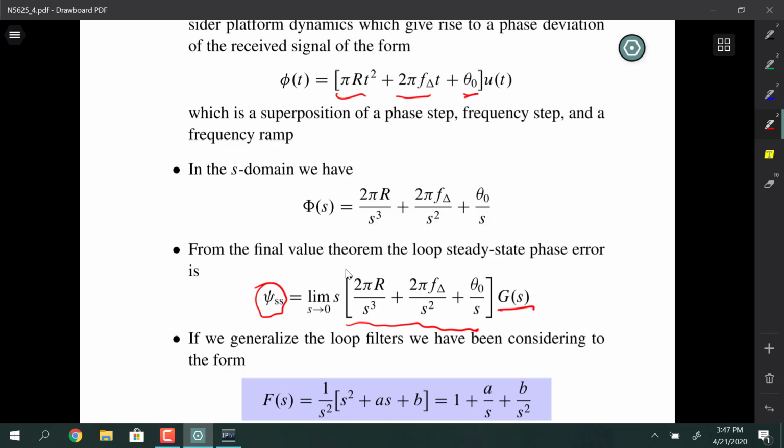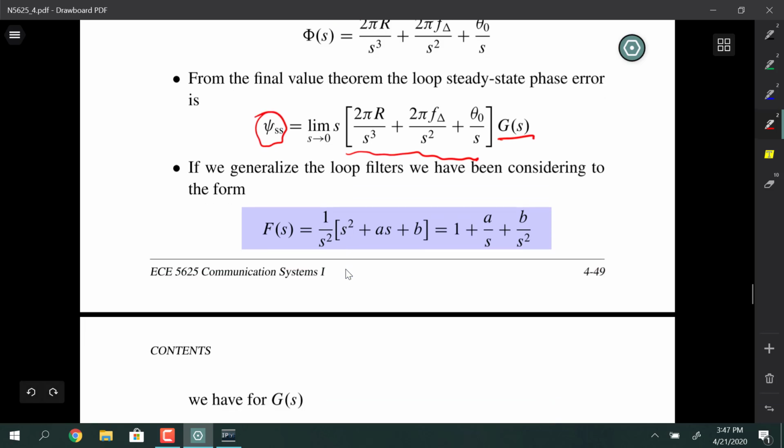From the final value theorem, that is the limit as s goes to 0 when we multiply the quantity of interest by s. What makes this interesting is we can generalize the loop filters we've been talking about to, in this case, a third order loop. This is a third order loop filter.